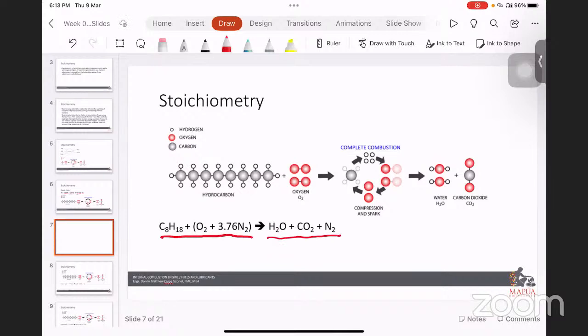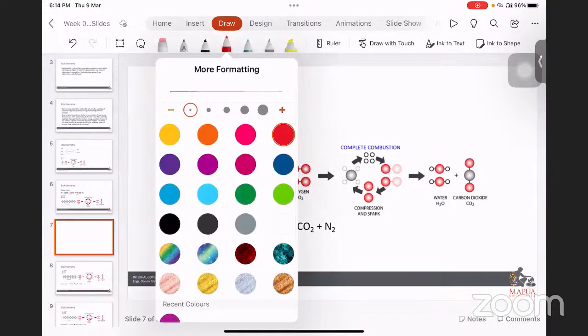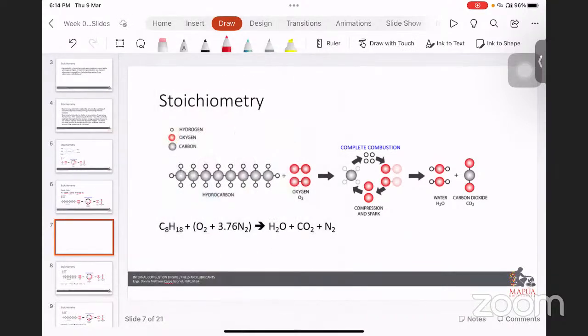So let's calculate. Itong side na to, ito yung natawag nating reactants. Ito naman yung tawag nating products.